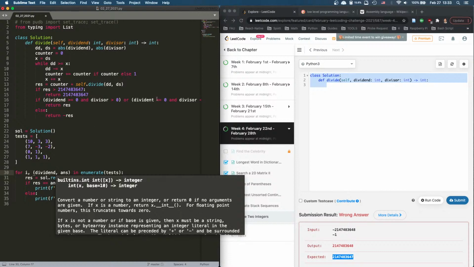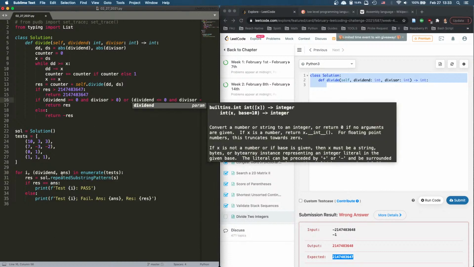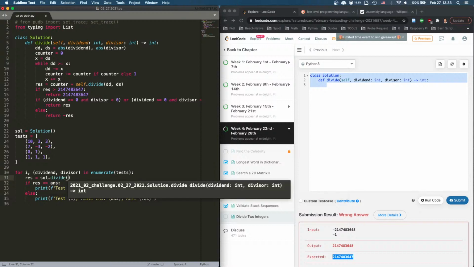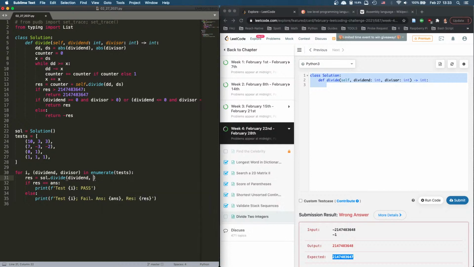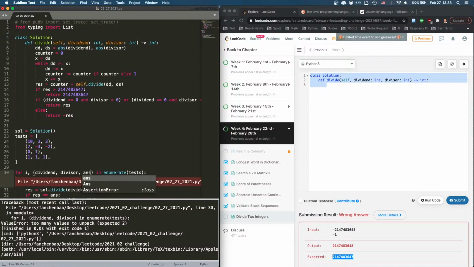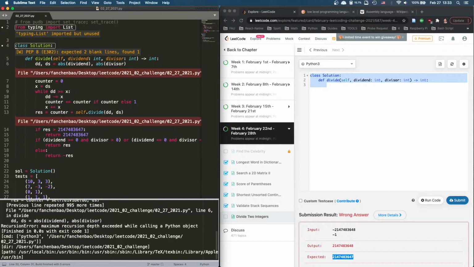Oh man, I spelled it wrong. This is a divisor, and this one will be divide, dividend and the divisor. Too many values to unpack. I forgot to put an answer in it. Maximum recursion depth.